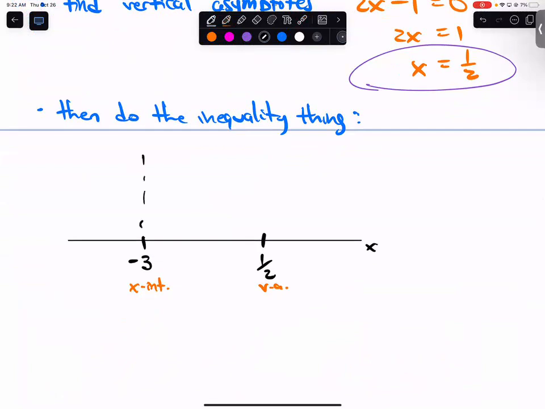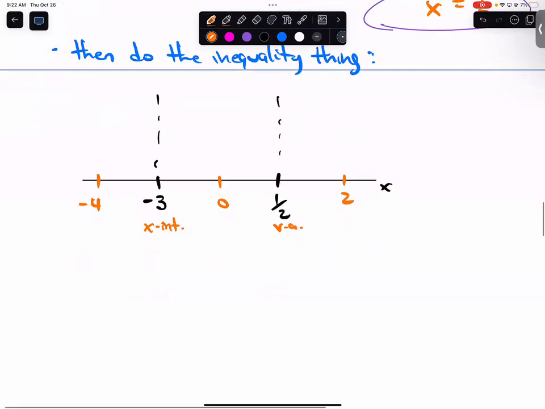So this would be a place where I would fall back on brute forcing it and saying, okay, I'm going to see what happens at -4, at 0, and at 2, and just go positive or negative. That tells me what I need to know.